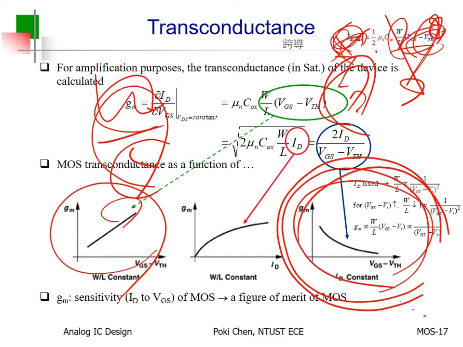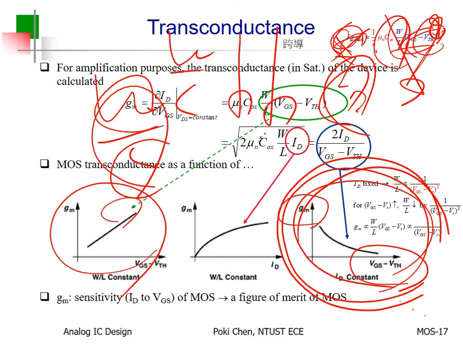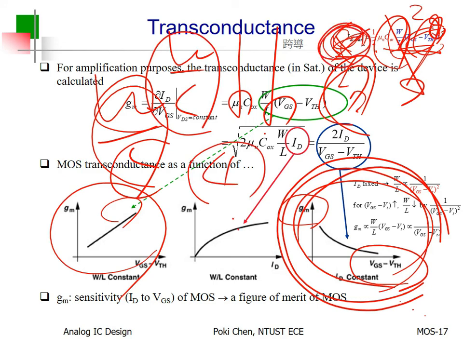Got it? So more overdrive voltage means less conductance, because you reduce W over L substantially. For example, if you would like to double the overdrive voltage, then you need to reduce this by 4, under the condition that ID is fixed.